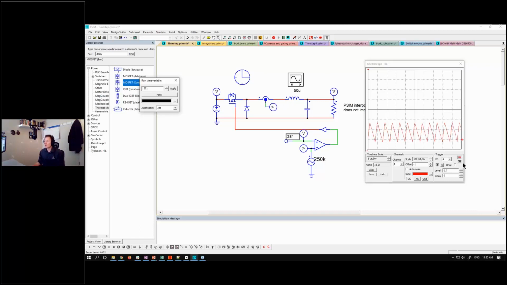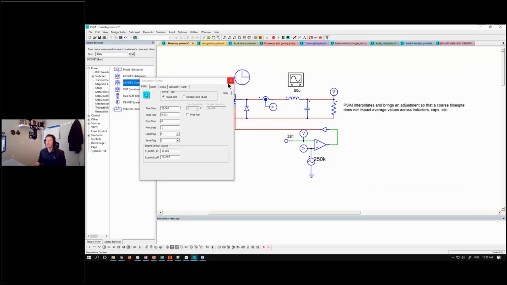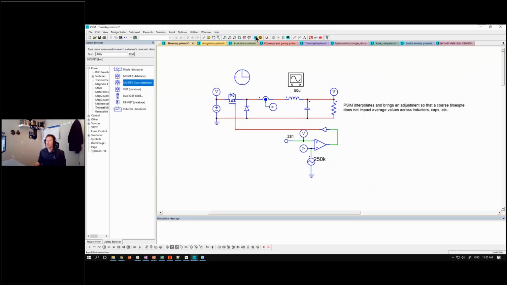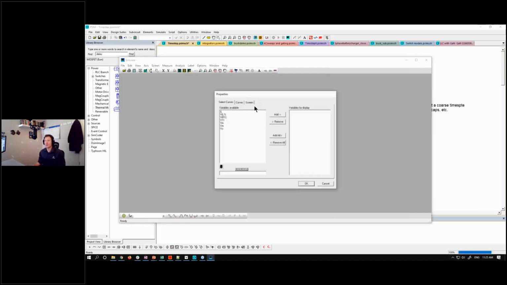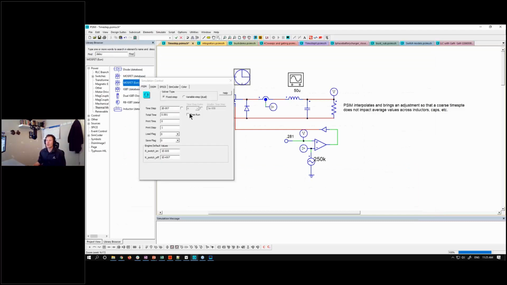So definitely if we look at the sim results, let's go back and look at just a transient simulation. So stop. And if I run this and we just look at the transient simulation, we'll see IL is there. Maybe we'll run a little bit longer.